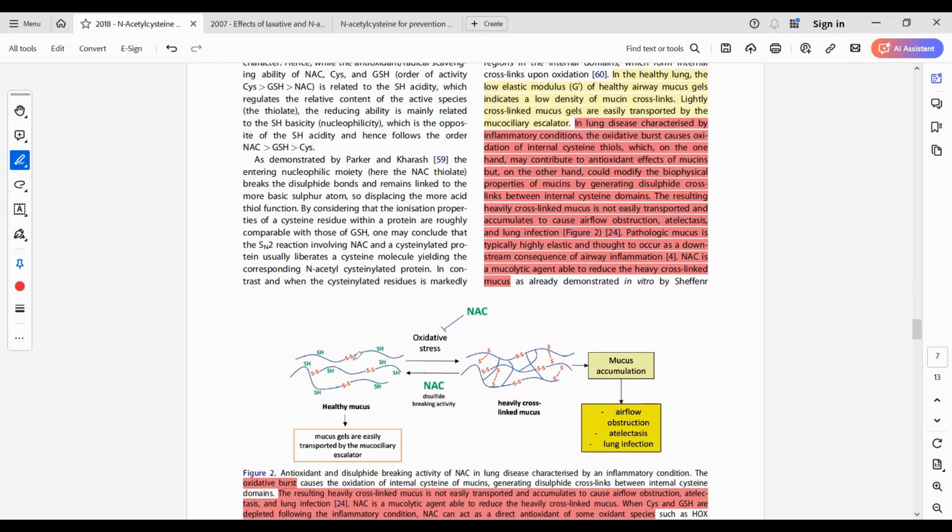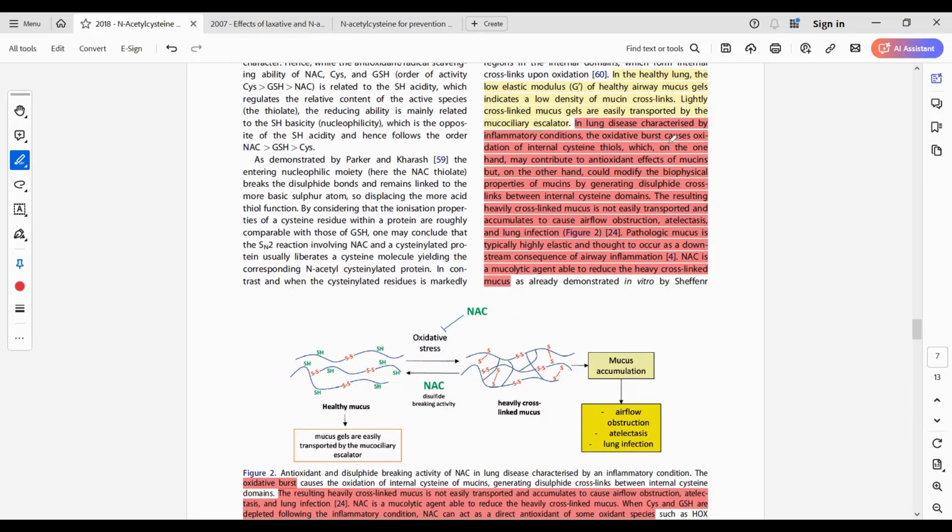So basically, there's not a lot of cross-linking here that you can see, right? Unlike this picture. So in a healthy lung, there's low levels of cross-links, and so lightly cross-linked mucus is easily transported by that mucociliary escalator. Those hairs can easily move the mucus up out of your lung so you can swallow it or spit it out.